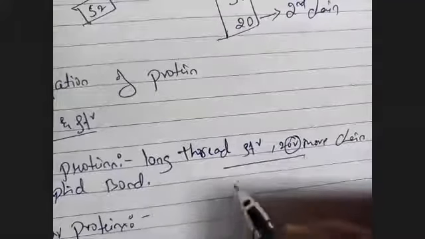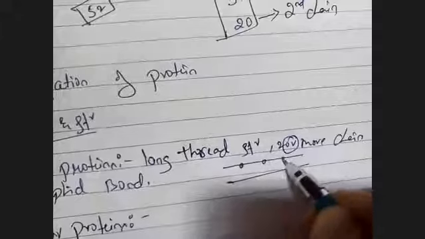The chains are arranged in a parallel way, and those chains are linked with disulfide bond or hydrogen bond.